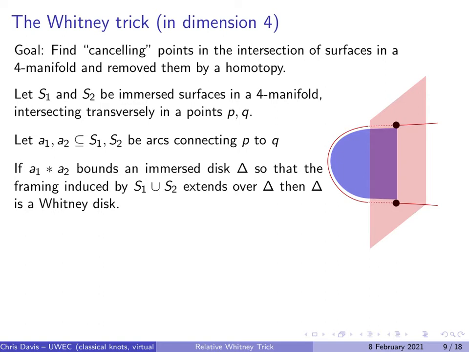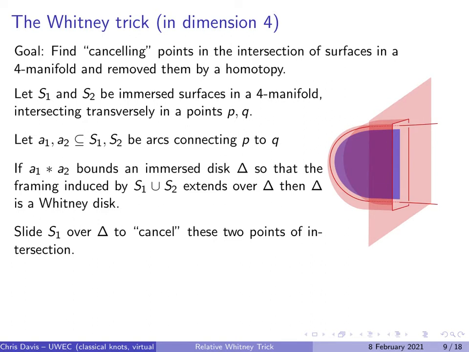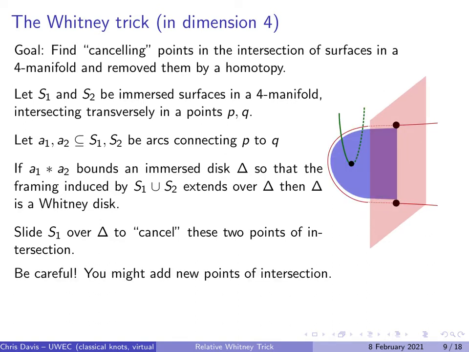And that framing condition is just what you need to make sense of this next picture. Take two parallel copies of that disk and use those two parallel copies of the disk to push S1 over that disk. That removes those two points of intersection. So do exactly what this three-dimensional picture is suggesting. Now there are a few cautions you should have. One of them is that you might add a new point of intersection.